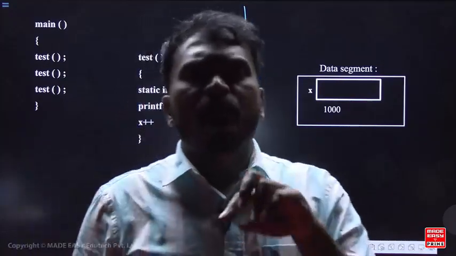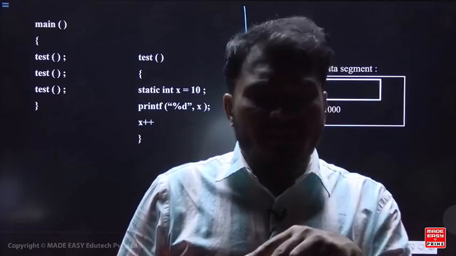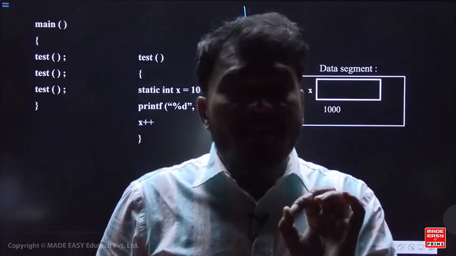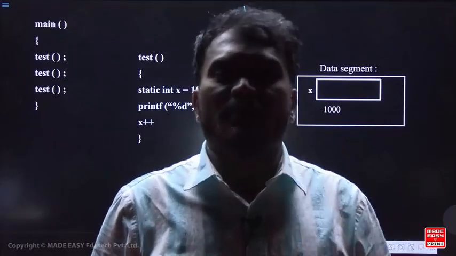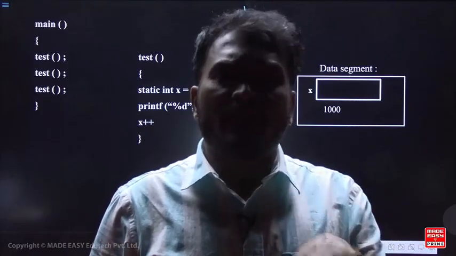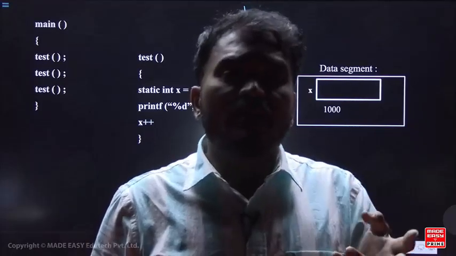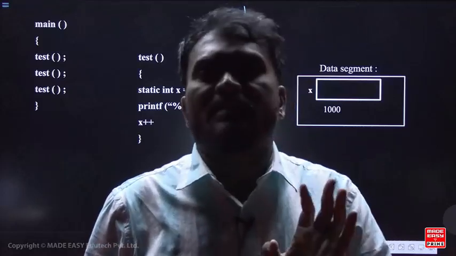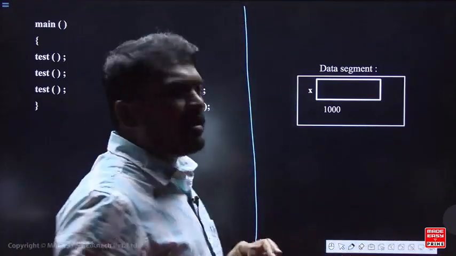Why? Because for global and static variables, memory is allocated at the compile time only. Where is it allocated? In the data segment.